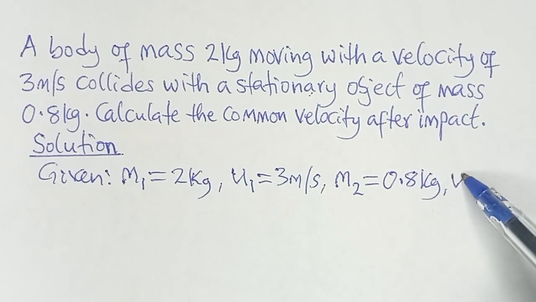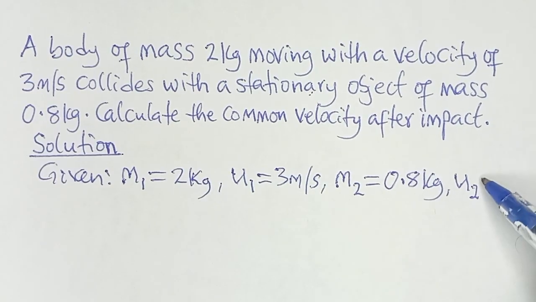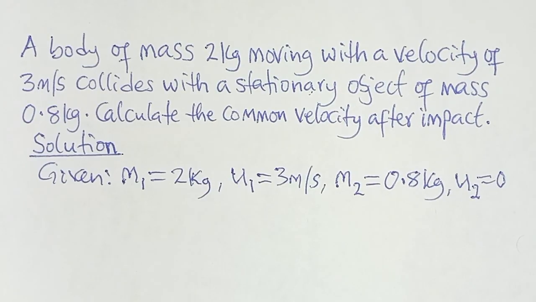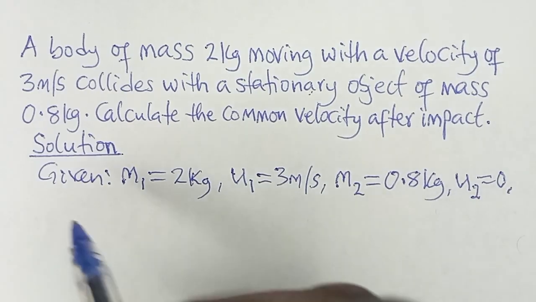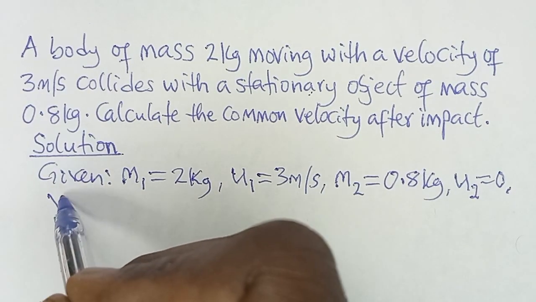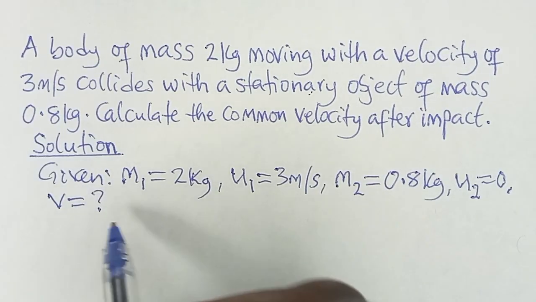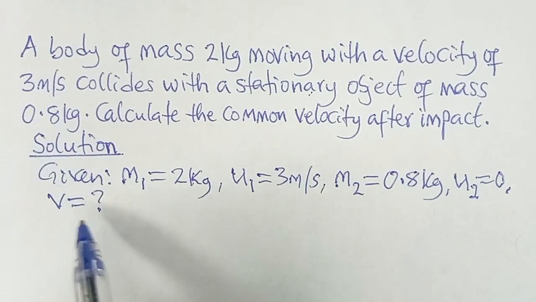So we can say U2, its velocity, is 0 because it is stationary. And then we are told that after impact, they move off with a common velocity V. That is what we are looking for.